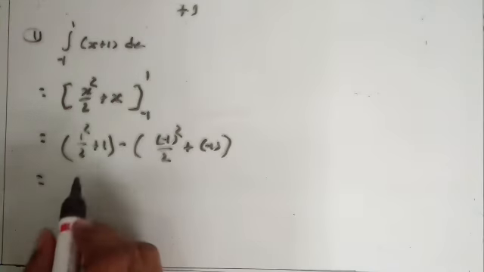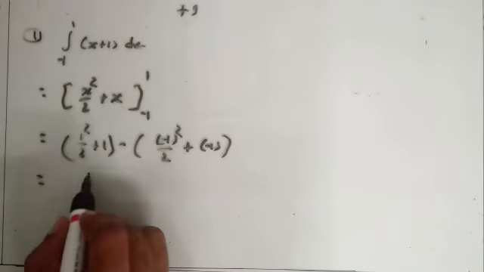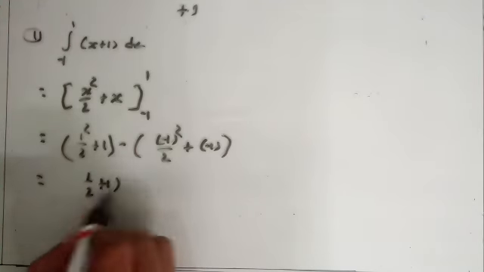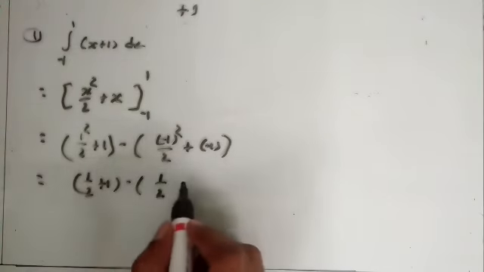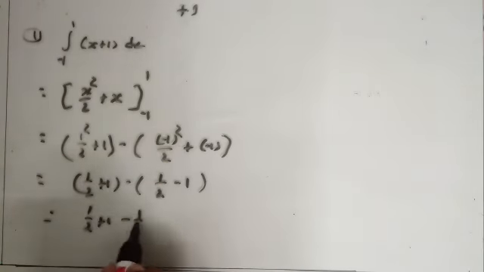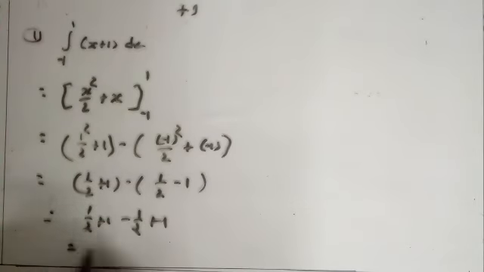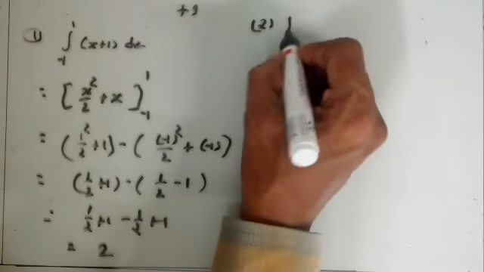Now simplify this. 1 square is 1, so 1 upon 2 plus 1, minus (-1) square upon 2 minus 1. Taking the minus inside, we get 1 by 2 plus 1 minus 1 by 2 plus 1. So 1 by 2 cancels, and 1 plus 1 becomes 2. Clear? Answer is 2.